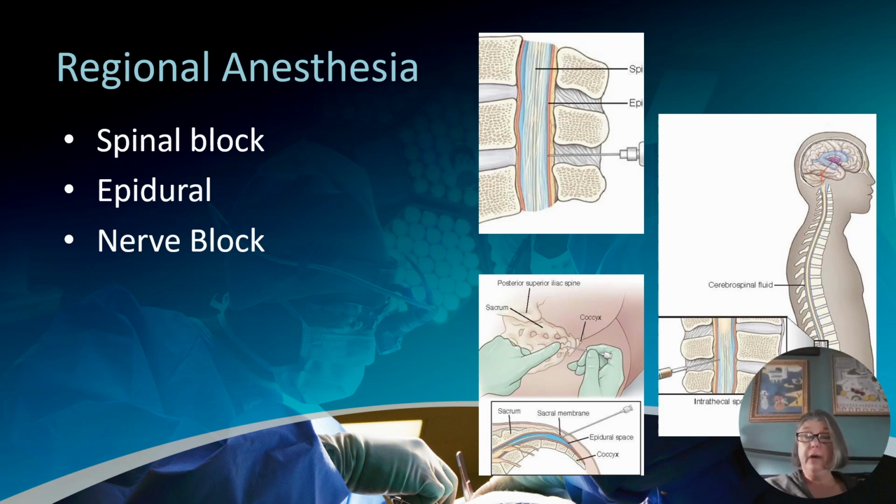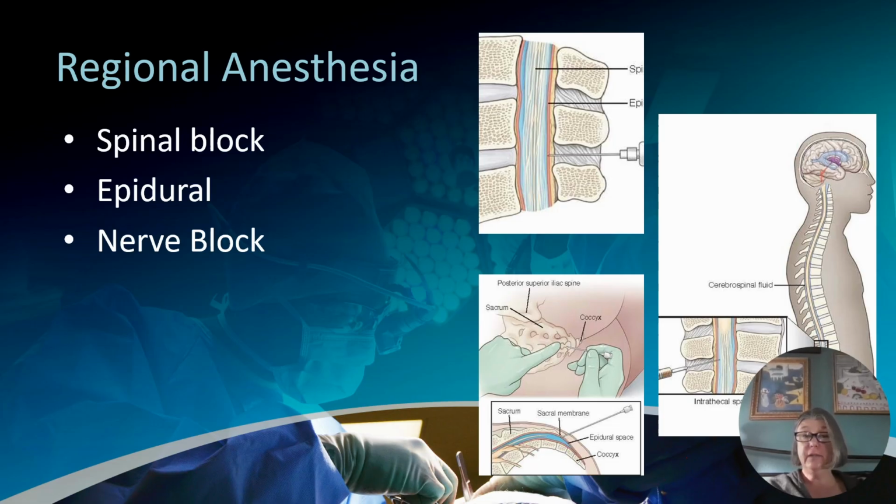So we do worry about a rapid decrease in blood pressure related to vasodilation of the sympathetic nerves. So we would be monitoring for that. We would use a vasopressor to kind of counteract that.